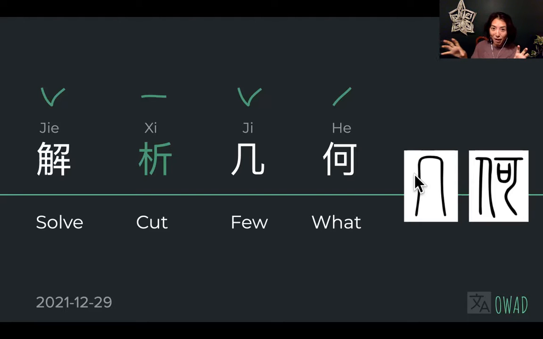And then combined with, if it's a time, about when, we use a time character after there. 何时 means when, and 何地 or 何处 means where, right? So it's like what place, what time. And then 何人, right? 何人 means who, right?